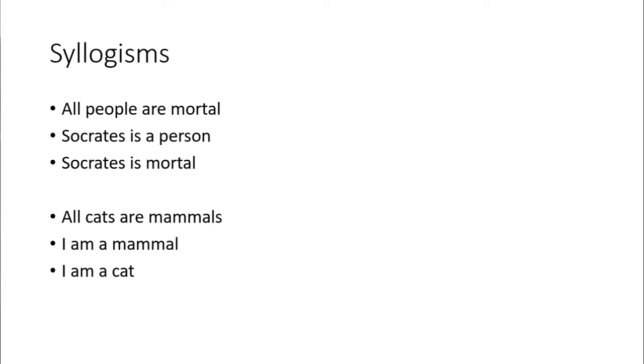So, just as a brief reminder, syllogisms are logical arguments containing three statements: a major premise, a minor premise, and a conclusion. In a syllogism, if the first two claims are true, the conclusion must also be true if the syllogism is valid. So, our two examples that you should probably be familiar with: all people are mortal, Socrates is a person, Socrates is mortal.